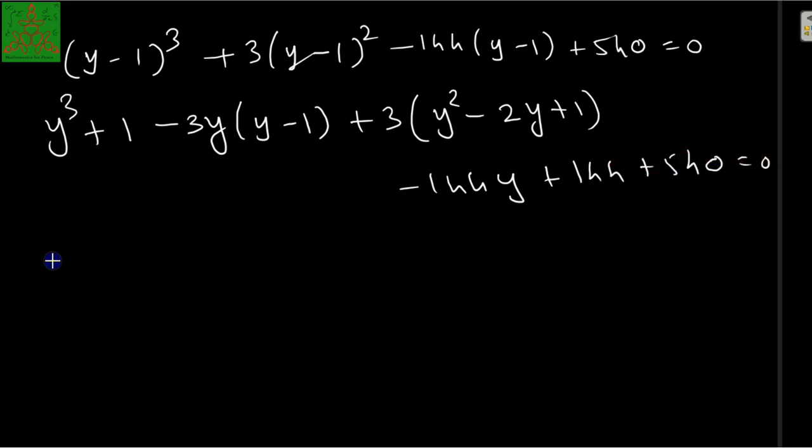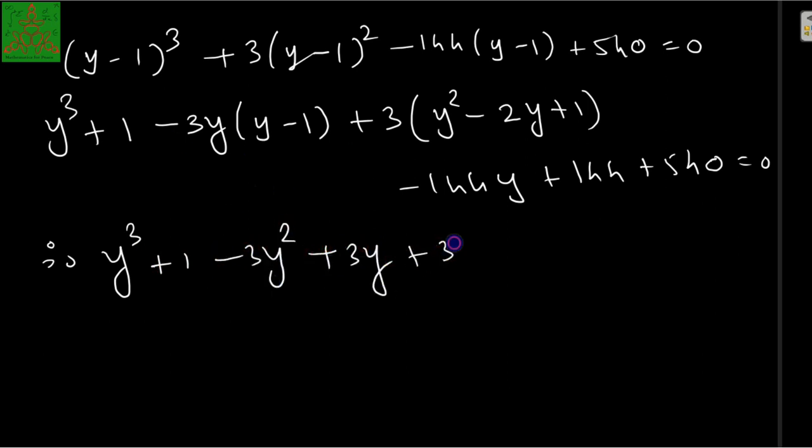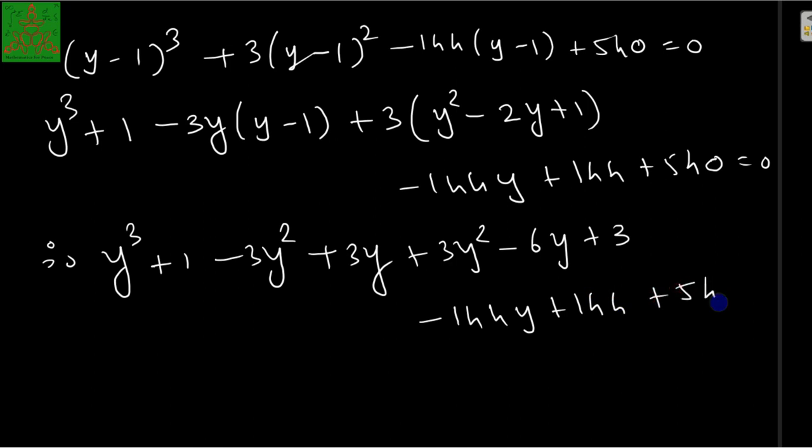If we simplify further, this is y cube plus 1 minus 3y square plus 3y plus 3y square minus 6y plus 3 minus 144y plus 144 plus 540 equal to 0.